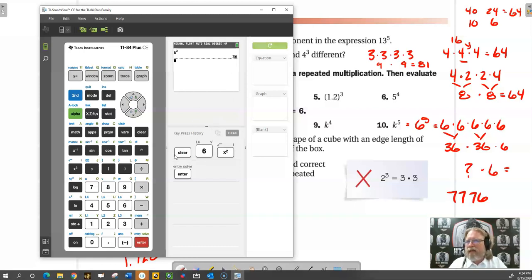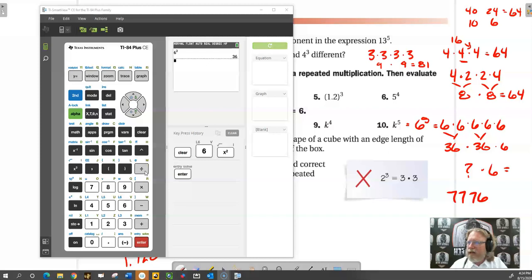But what if I want something else, like 6 cubed? There's not really a cube button, but we have this thing called a caret button. It looks like an up arrow, and you'll find it right above the 4 operation buttons. Notice that these operation buttons are one color, the number pad buttons are another color, and the other function buttons are different colors, but these all do other things.